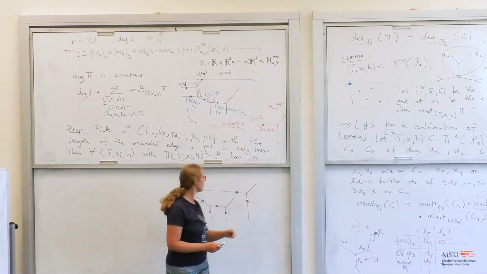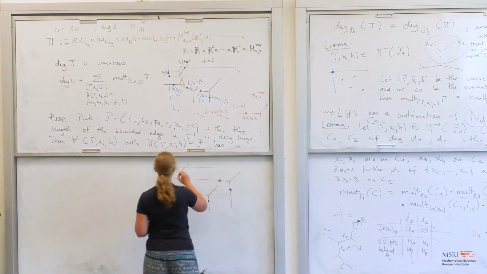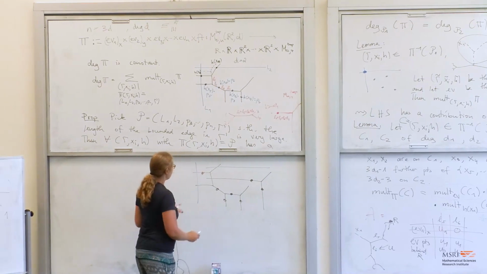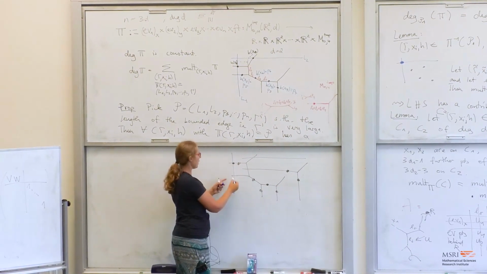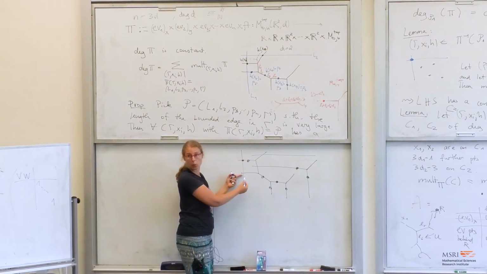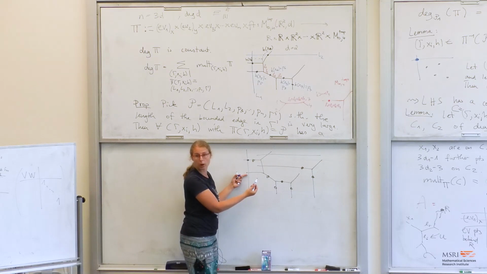How do I do that? Well, there are also my two lines around, L1 and L2. So first, let me consider C1. It meets L1 somewhere, actually maybe in more than 1 point, in D1 points counted with multiplicity.